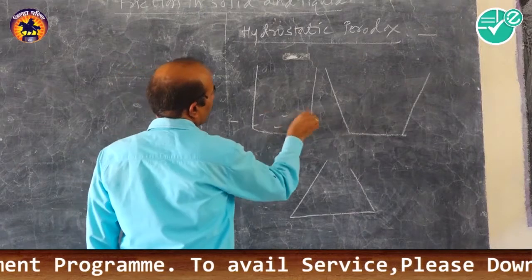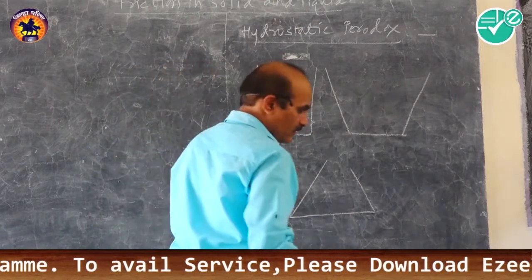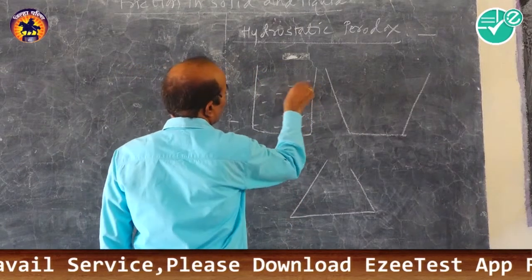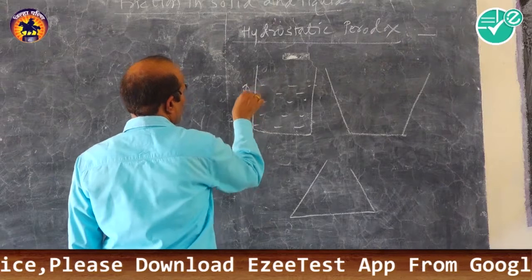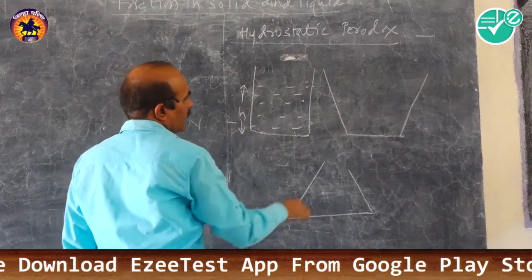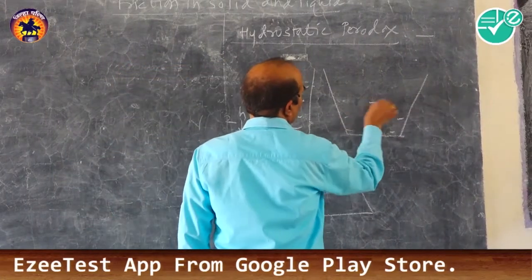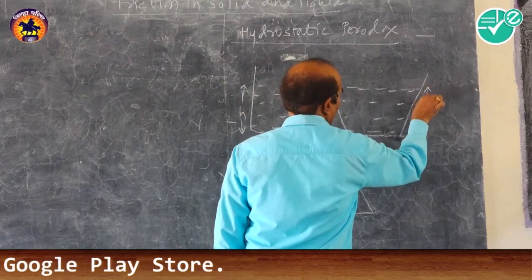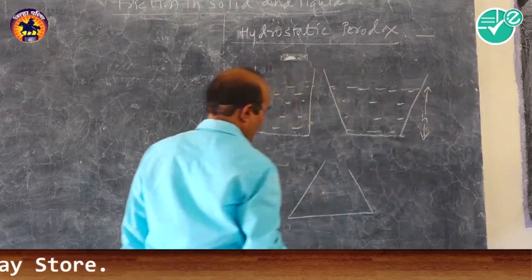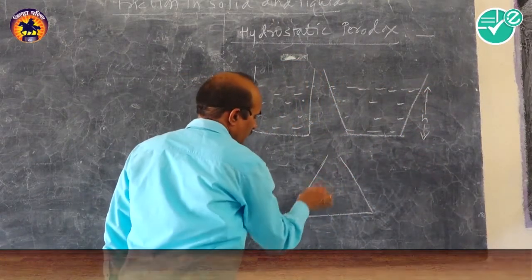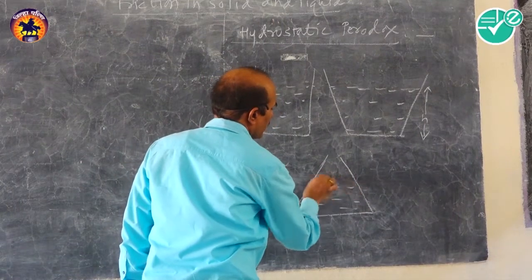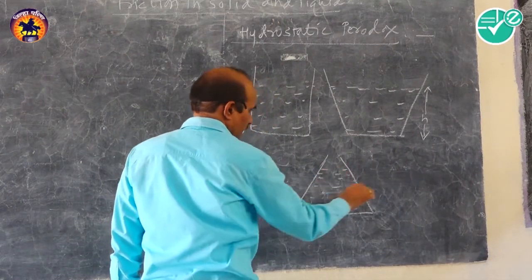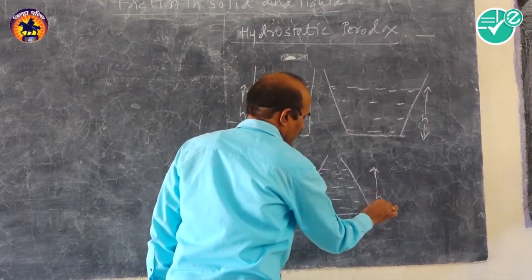The liquid is filled in here to the height h. Again the liquid is filled in here with the same height, h again, and in these vessels again we can fill the liquid to the height h.